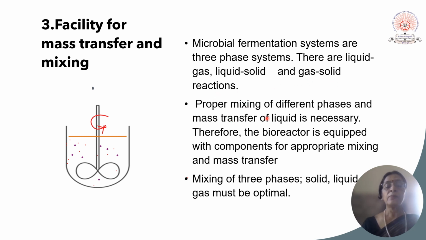Proper mixing of different phases, mass transfer of liquid and homogeneous distribution of all the contents is required to achieve maximum product and for the proper maintenance of the optimal condition. This is done with the help of a stirrer which is fixed with the blades of the impeller. This is also called an agitator, and when it rotates, the contents are homogeneously mixed.